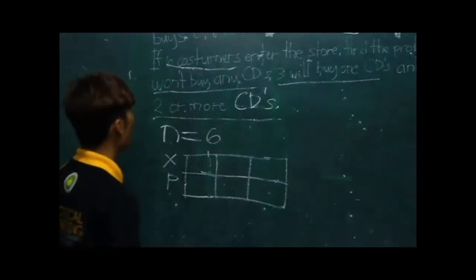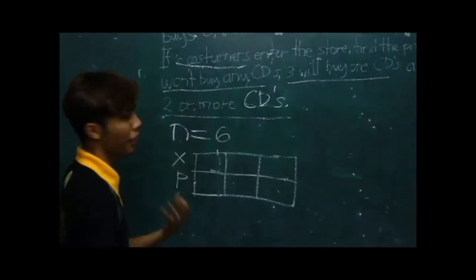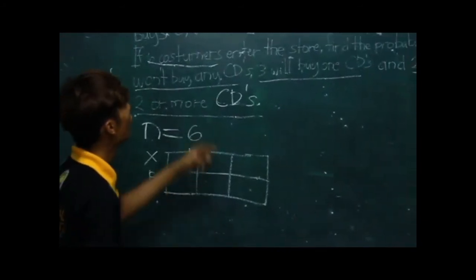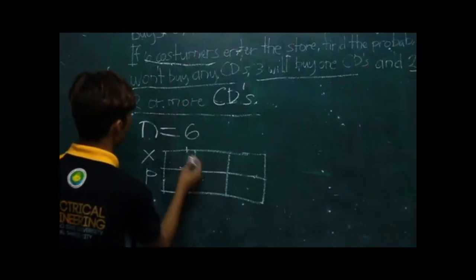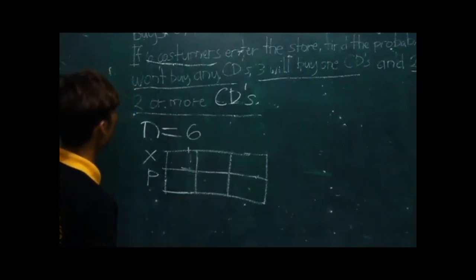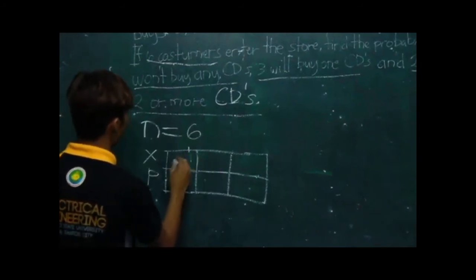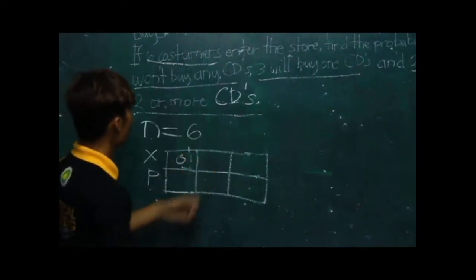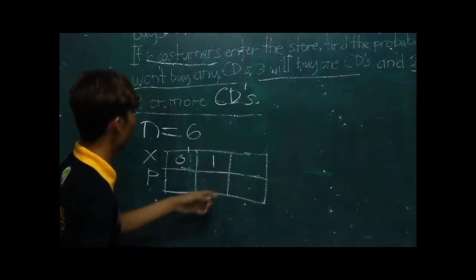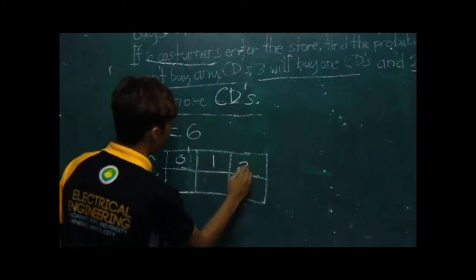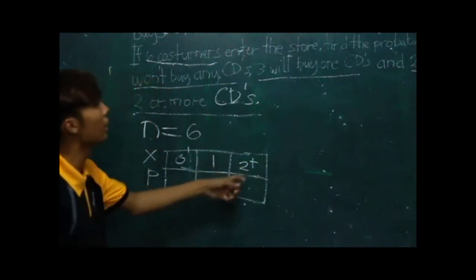There are 3 conditions. First, 1 won't buy any CDs. Second, 3 will buy 1 CD, and third, 2 will buy 2 or more CDs.